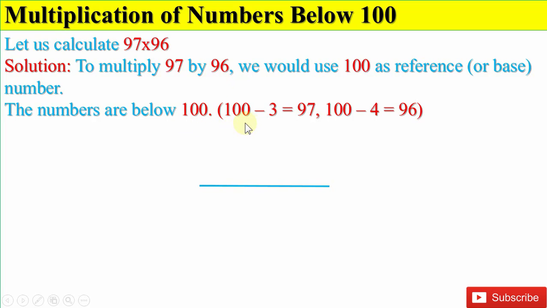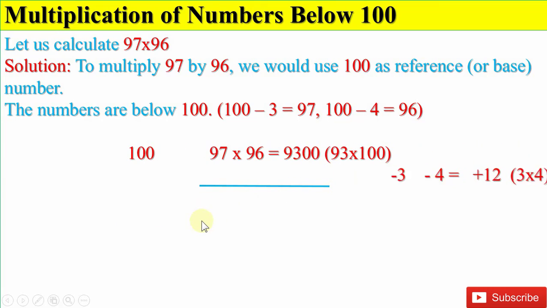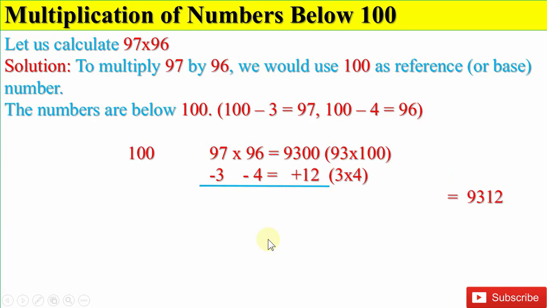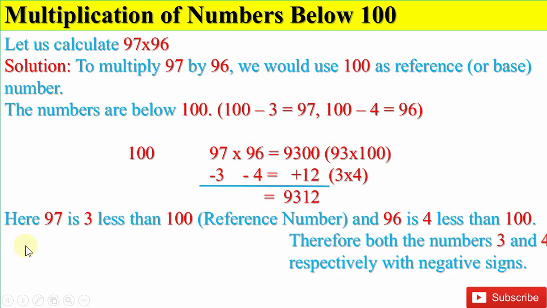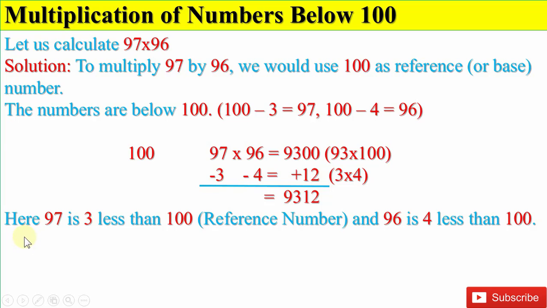Here 100 minus 3 is equal to 97 and 100 minus 4 is equal to 96. Here 97 is 3 less than 100 and 96 is 4 less than 100.